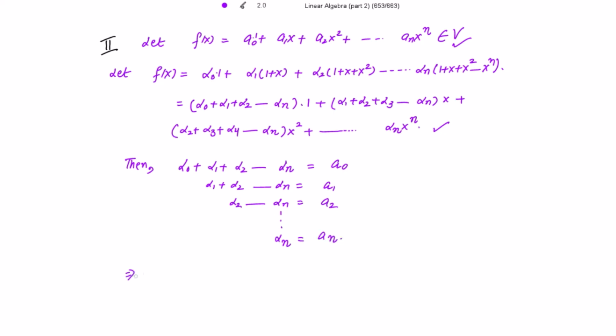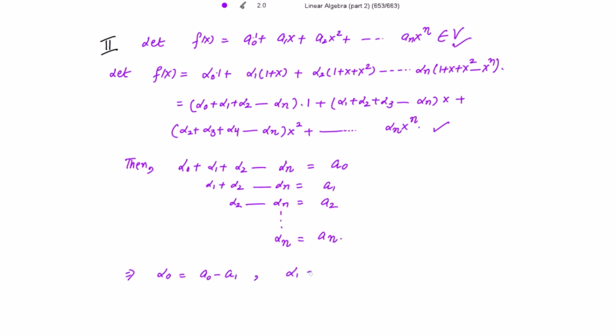So if you solve this, you get alpha naught is equal to a0 minus the complete sum alpha 1 to alpha n, and that is nothing but a1. So alpha naught is equal to a0 minus a1.